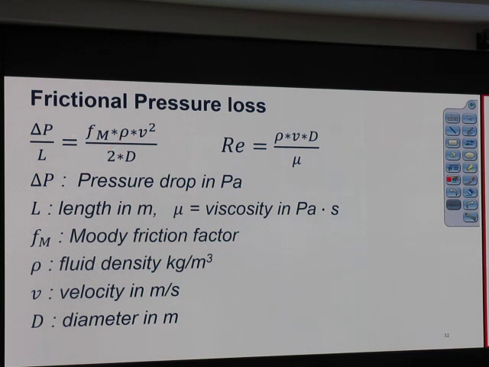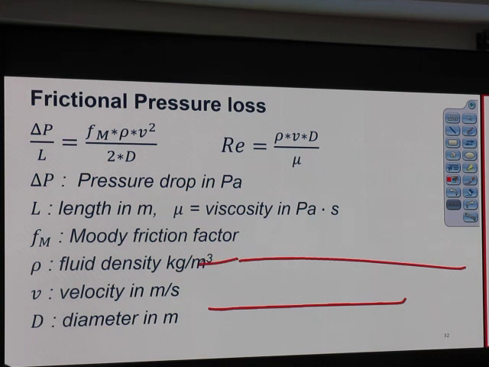Developing flow means the shape of the velocity profile keeps changing with distance. Okay, that is developing flow. Think about laminar flow. Laminar flow has a parabolic shape. At the inlet, everything comes out at the same speed, so we have this kind of shape, like a plug flow. Eventually, far away from the inlet, we will have a parabolic shape.